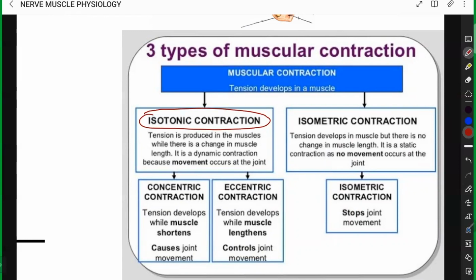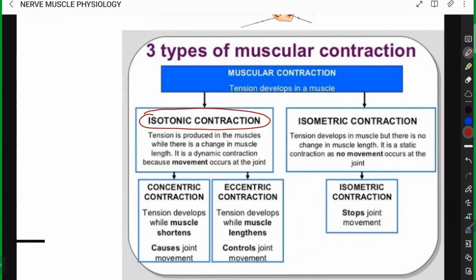In the length change, either your muscle length can shorten or it can lengthen. When the muscle length shortens, that is called concentric contraction, whereas when the muscle length increases, that is called eccentric contraction. Clear?